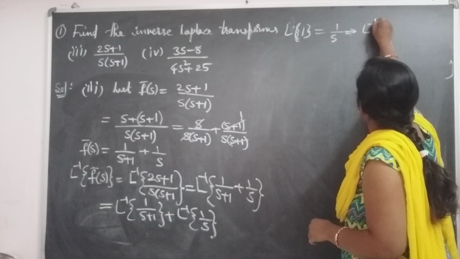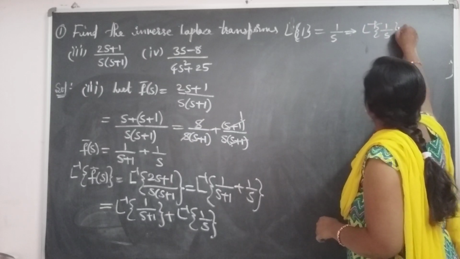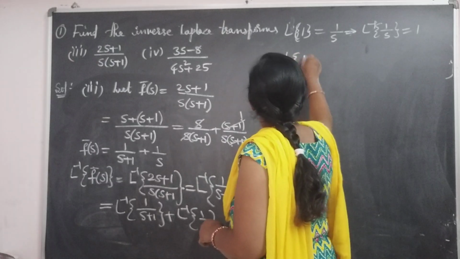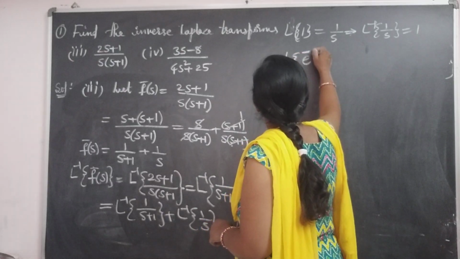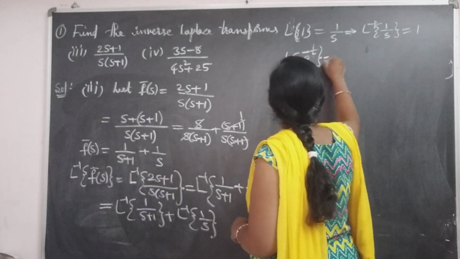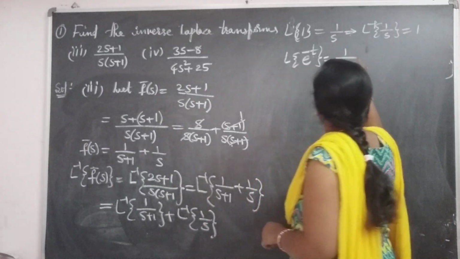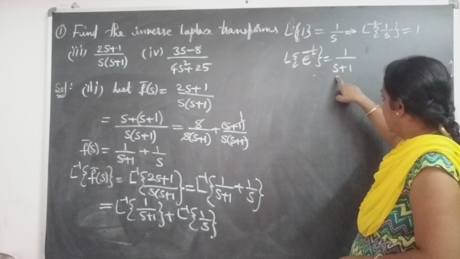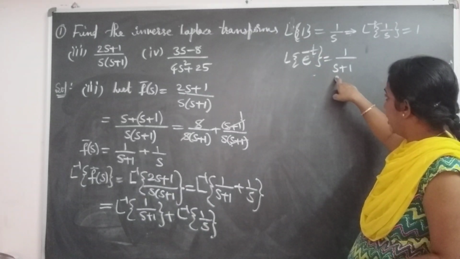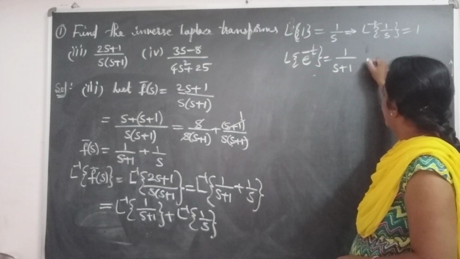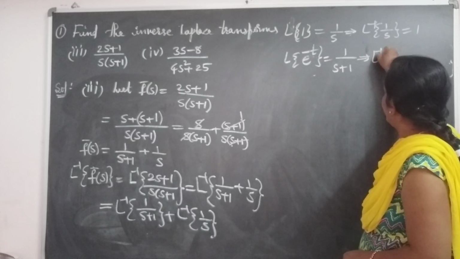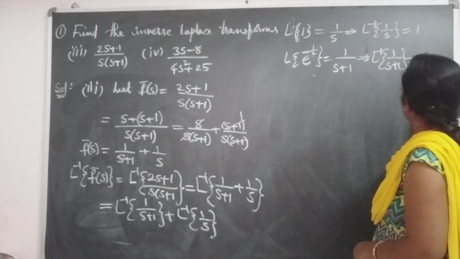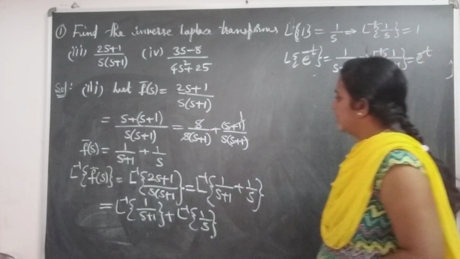Then L inverse of 1 by s is equal to 1. Next, L of e power minus t is equal to 1 by s plus 1. Here in the place of a, minus 1 is there. Then if minus a, that is s plus a. From this, the inverse Laplace transform of 1 by s plus 1 is equal to e power minus t.